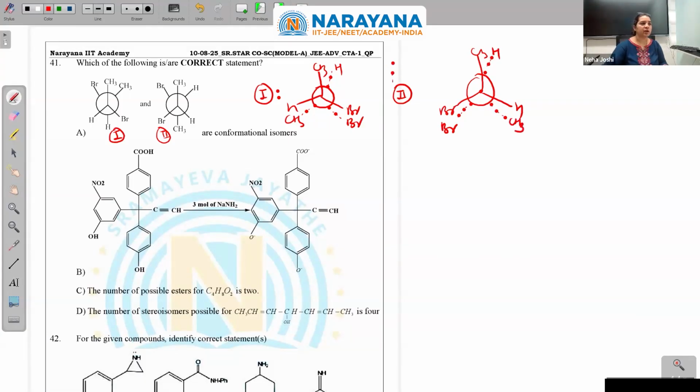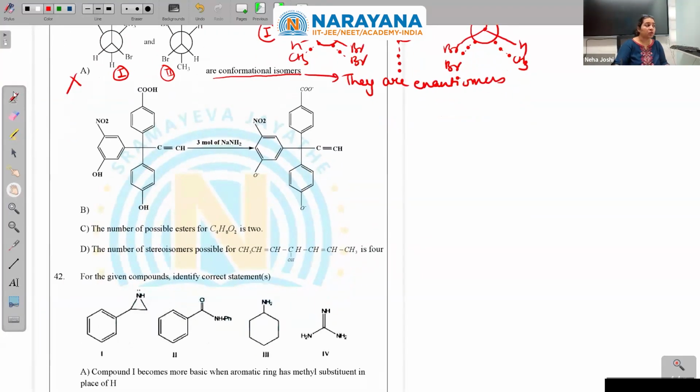If you see, 1 and 2 are mirror images of each other, and certainly they will be non-superimposable mirror images of each other. So they are not conformational isomers. They are enantiomers. Okay, they are enantiomers, so this cannot be the correct answer.